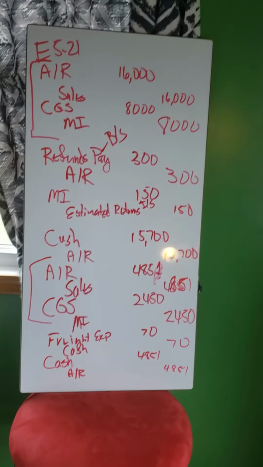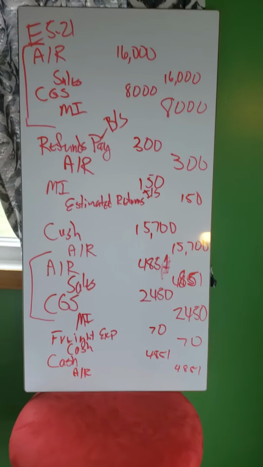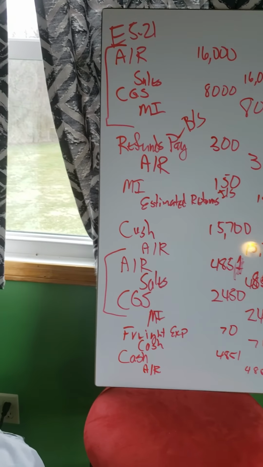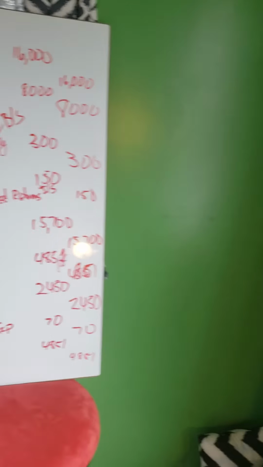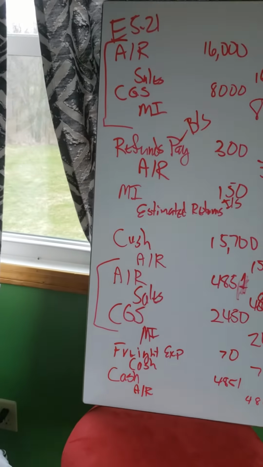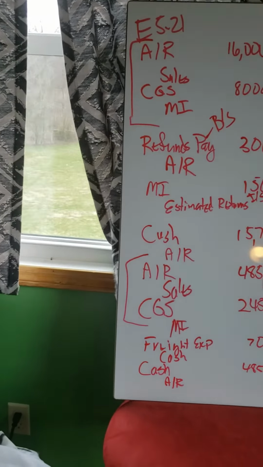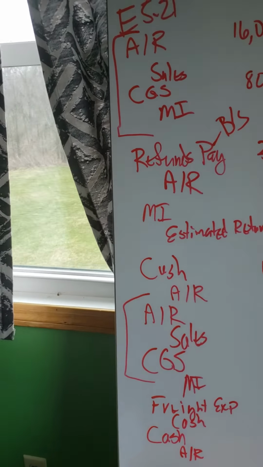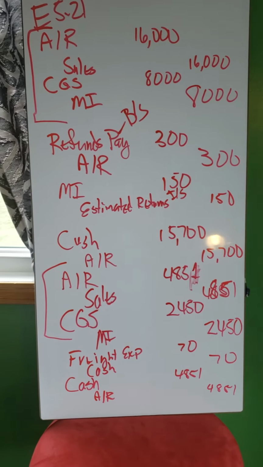All right, class, that's E5-21. Please do, I think it's 24 and 25. Let me check just to make sure it is. It's E5-24 and E5-25. A format that you should follow to do E5-24 is the format on page 269.